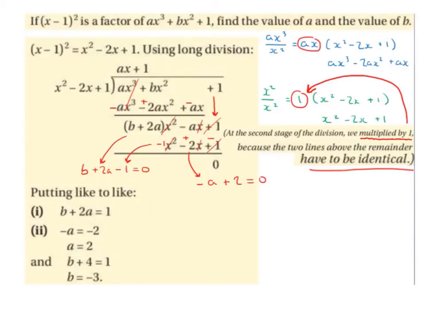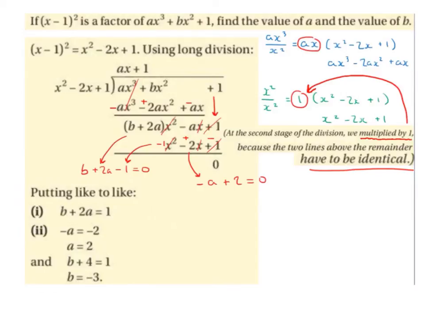Or putting like to like and taking the original sign, minus a is equal to minus 2, so a is equal to 2. The 1s just cancel out either way because we don't have any a's or b's stuck onto them, so we're not interested in them. Either way, you're going to have b plus 2a is equal to 1 and a is equal to 2.